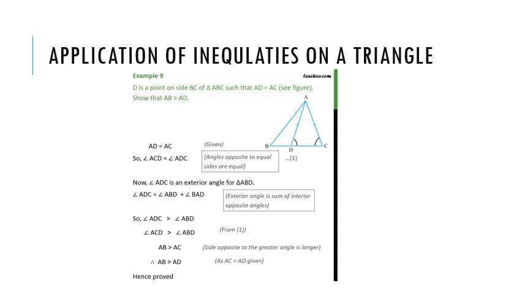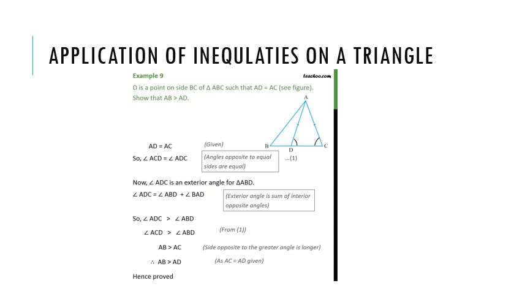So in other words, I can say that angle ADC is greater than angle ABD. Why? Because in the above equation you see that ADC is a sum of two angles. So I can clearly say that ADC is greater than one single angle written in the equation. So it's just common sense. When something is a sum of two parts, it is obviously greater than each part.